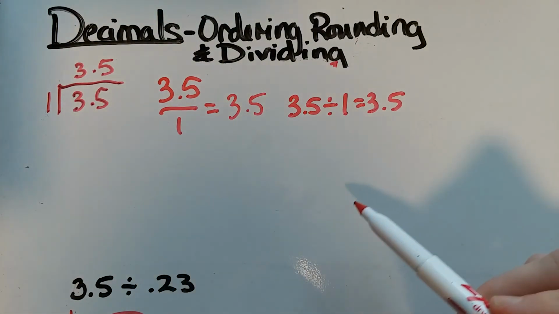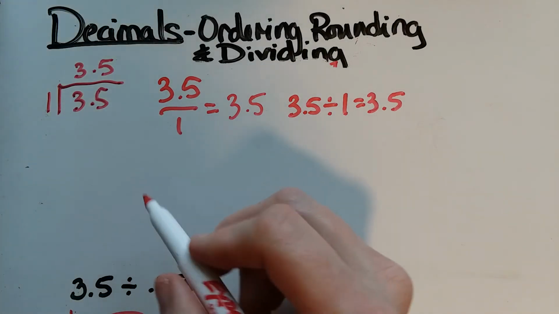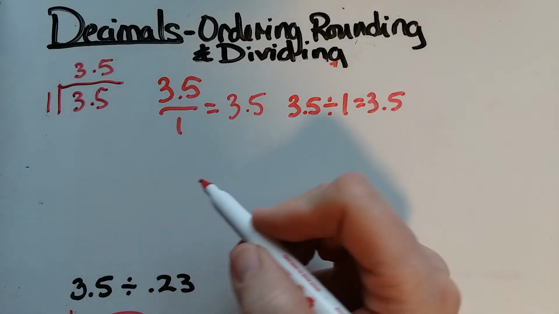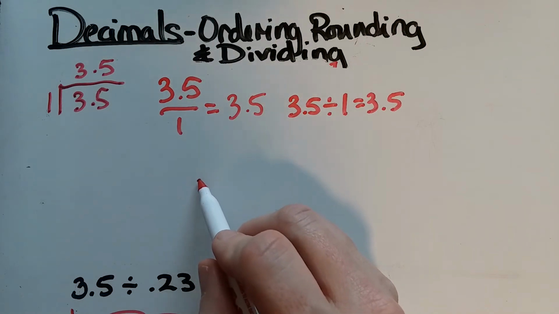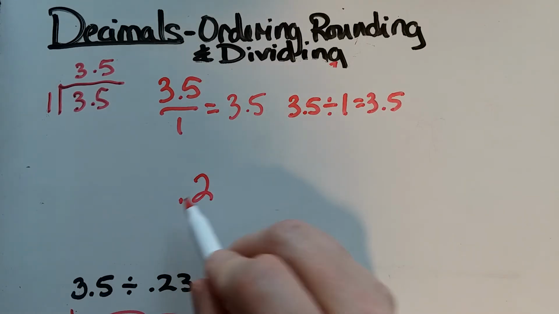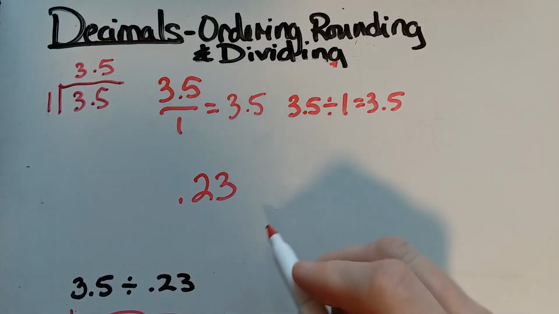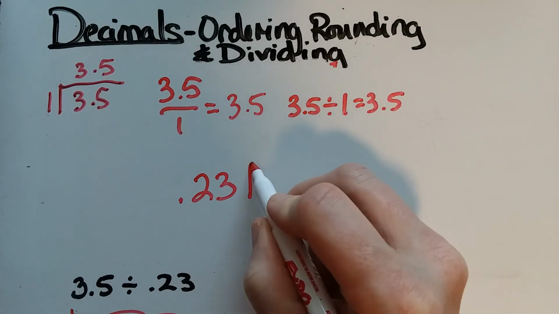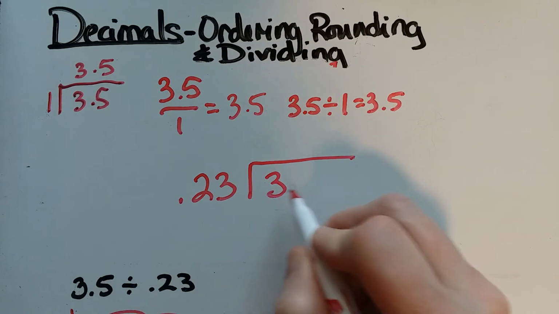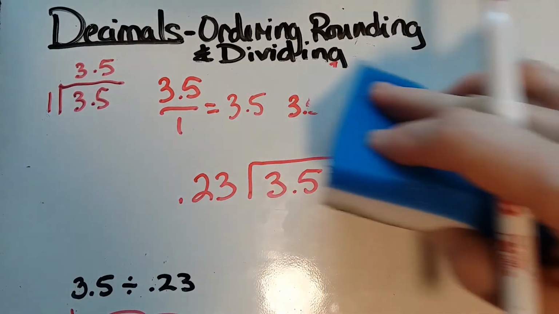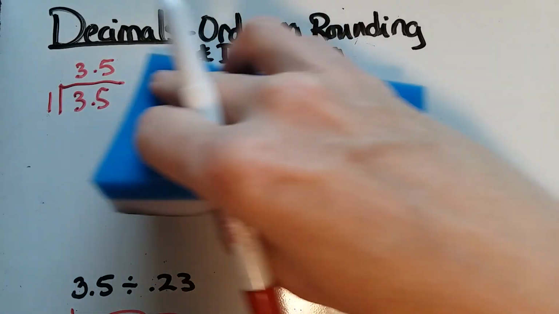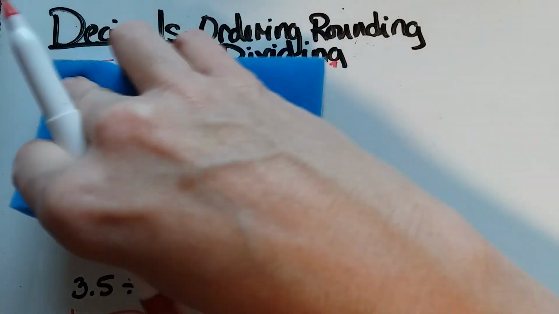So now we know how to set this up in long division. I'm going to set it up in long division so that we can deal with our decimal places. So the 0.23, or 23 hundredths, goes to the left. 3.5 comes under here. And so I'm going to erase all of that so we'll have some more room.